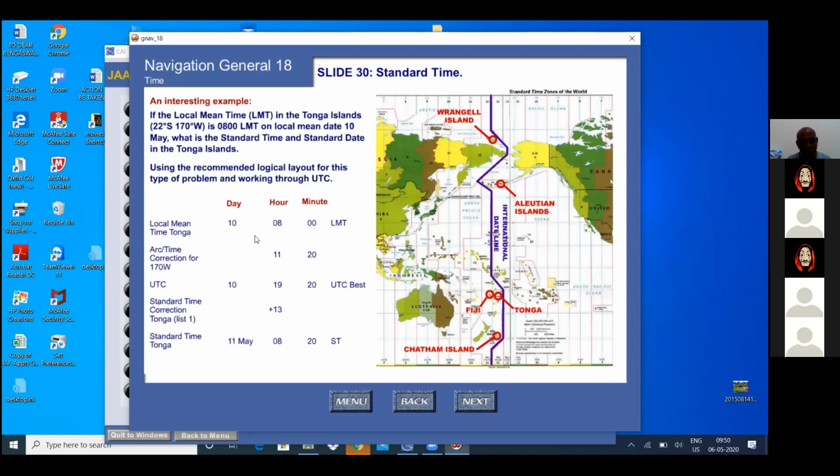You see that it is the 10th of May and it is 8 o'clock local time. But the standard time for the same date and time is actually 11th of May 8:20. That is because of the corrections that we have made in the longitude for the sake of administrative convenience.